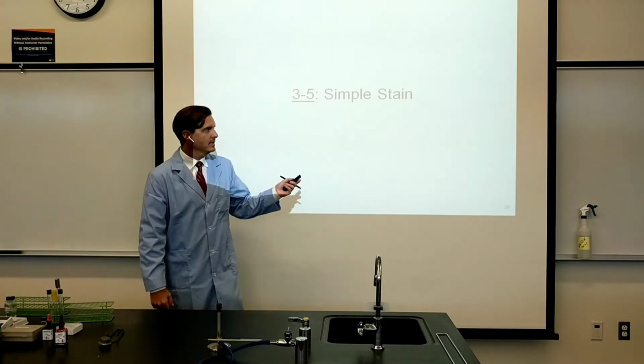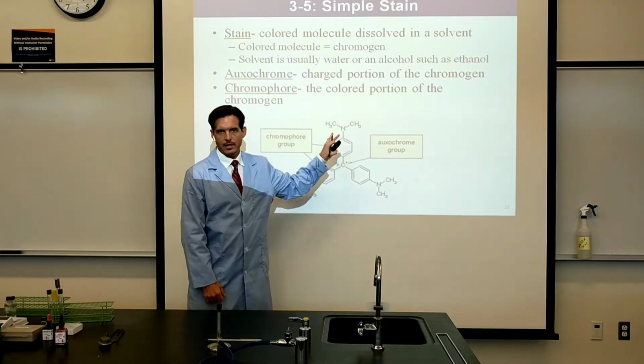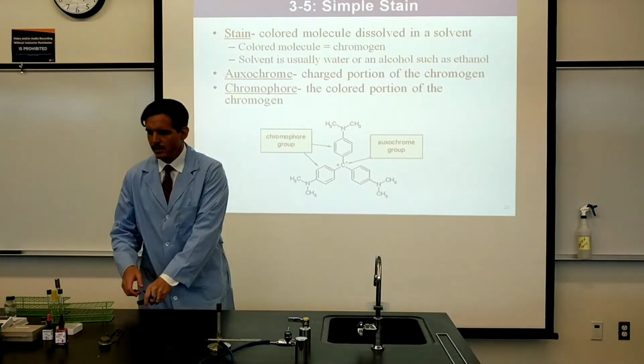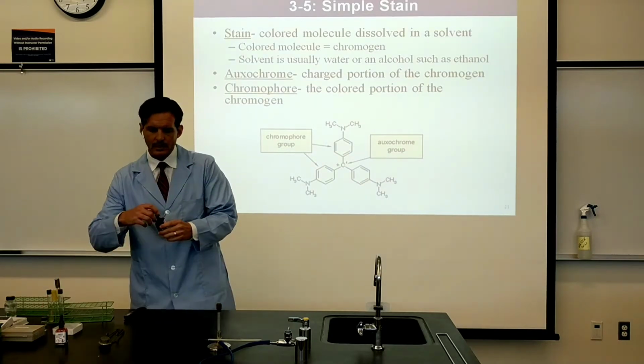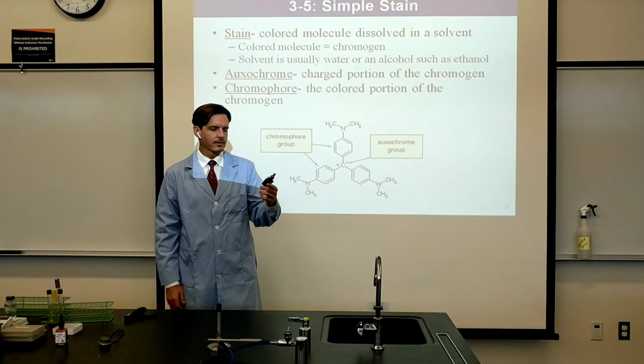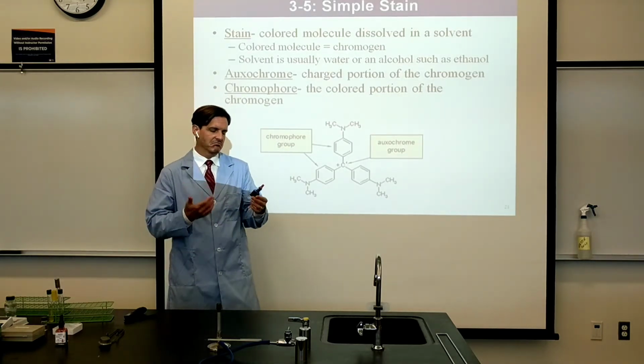So we need to understand a little bit from the lab manual about stain technology. The simple stain is the easiest way to perform this function of getting the cells to take on some color. We're going to use a dye called methylene blue, and it'll stain the cells.